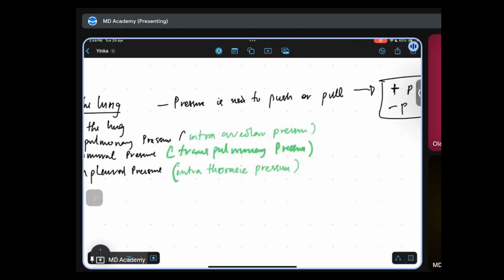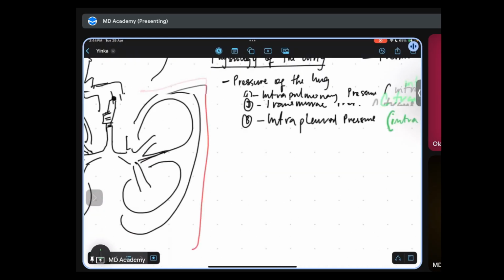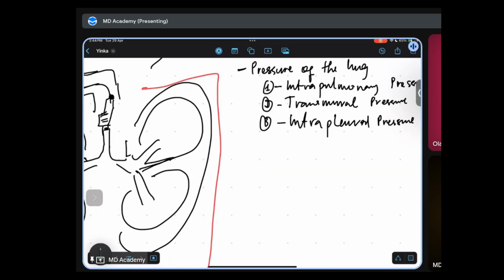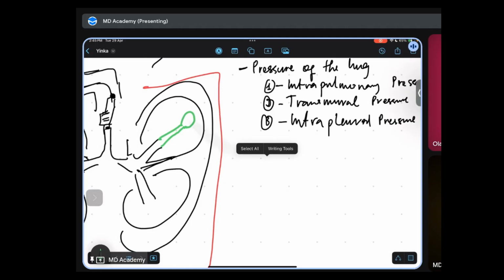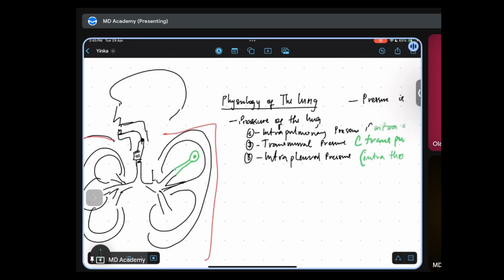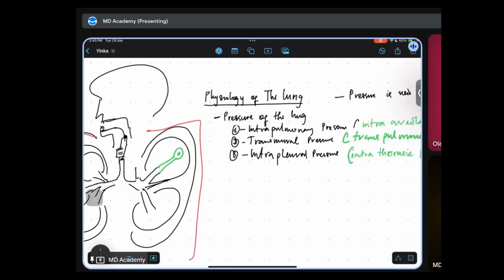Okay, so now the intra-alveolar pressure will be the pressure inside the alveolus. If we go back to this picture, and we extend this until it branches into very small sacs or alveoli, then the pressure inside these little sacs would translate to the intra-alveolar pressure.